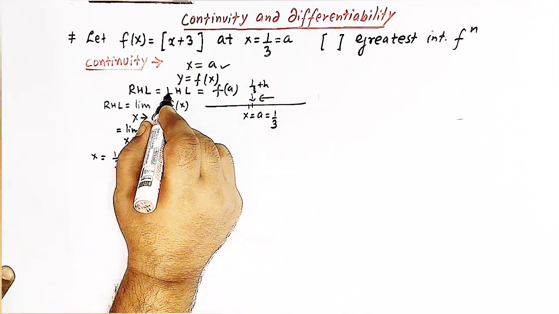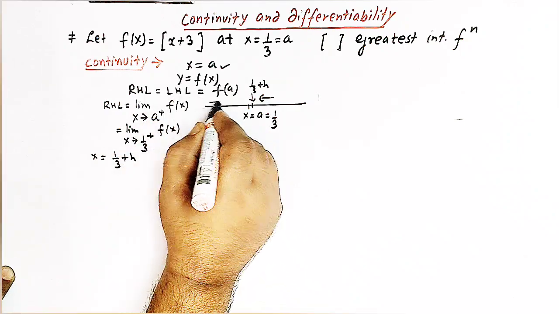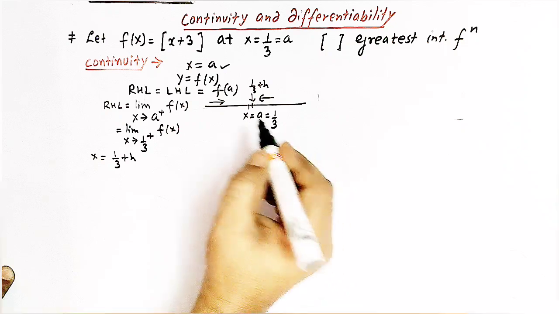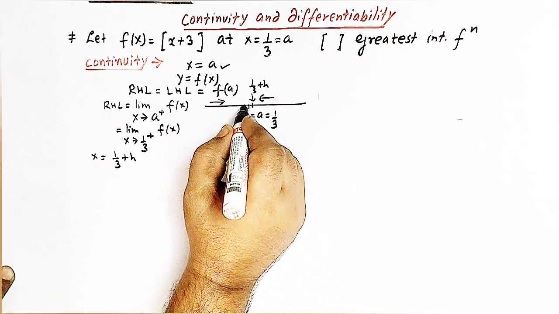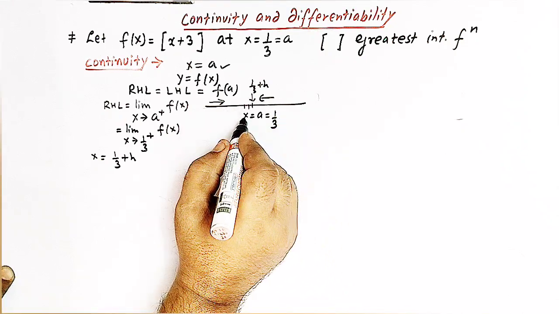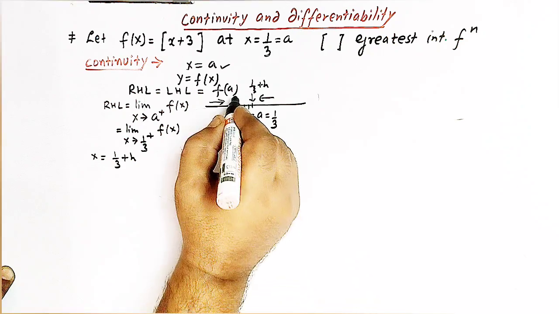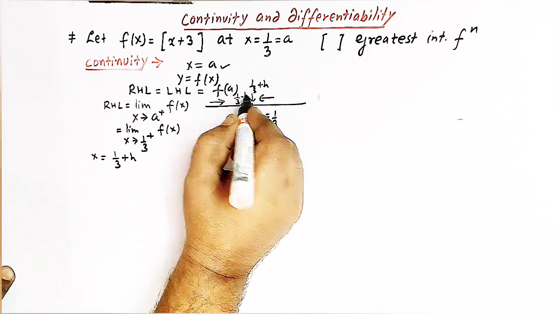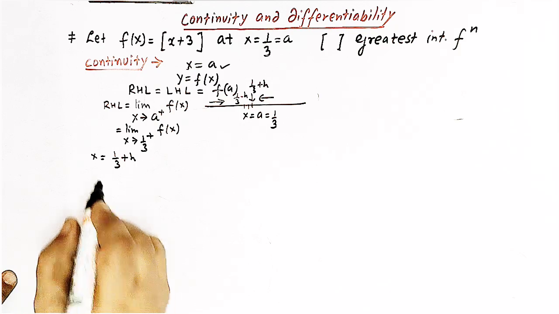When we calculate the left hand limit, we approach from the left of x = 1/3 and reach a point in the left neighborhood, that is x = 1/3 - h.